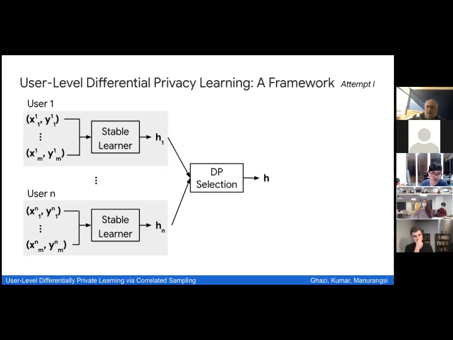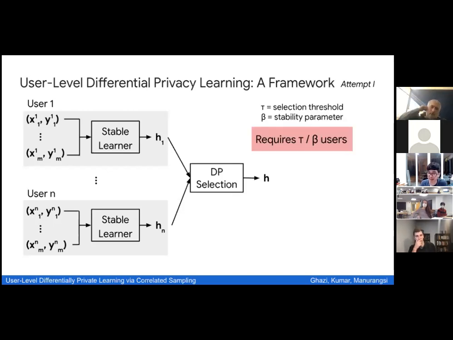So what goes wrong here? Let's take a look at the number of users that will be required under this algorithm. Recall that we use tau to denote the threshold that we need for the selection algorithm to succeed, and beta to denote the stability parameter.